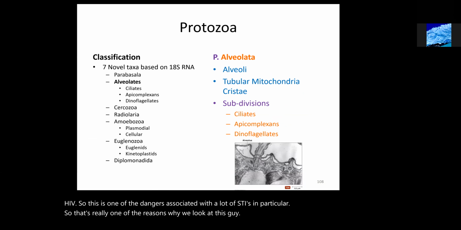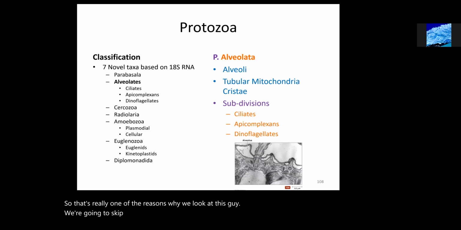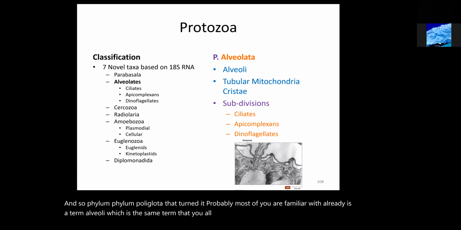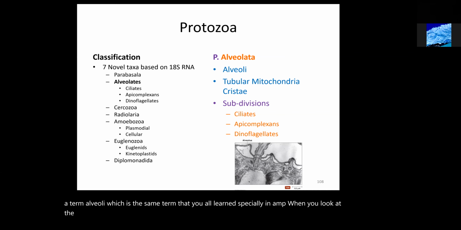Now we're going to move on to our second category. As you can see down the list of classification, we're moving into a new group called the Alveolates, or phylum Alveolata. And so phylum Alveolata, the term that probably most of you are familiar with already, is the term alveoli, which is the same term that you all learned, especially in A&P, when you look at the lungs. The alveoli are these little gas pockets, these little pockets of air.